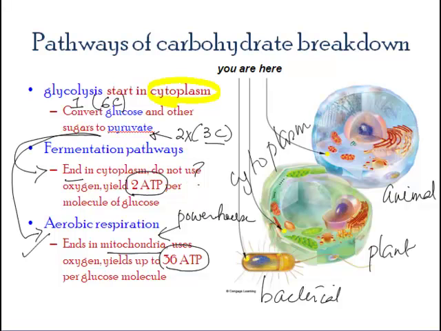Now, the very important condition that will decide which pathway to end up with is the presence or absence of oxygen. If oxygen is present, then pyruvate will enter the aerobic pathway. If oxygen, however, is not present, the pathway will be the fermentation pathway.